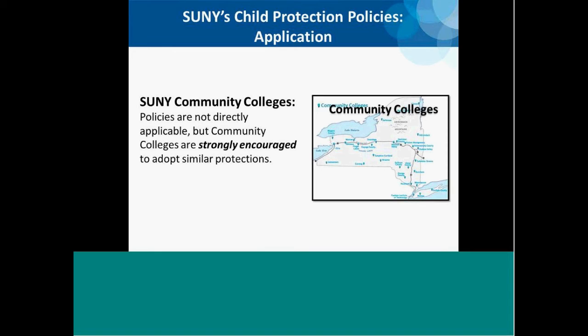However, the Board of Trustees' resolutions adopting the policies strongly encouraged the community colleges to adopt similar protections and provisions and to incorporate them into their own local policies relating to minors. The Child Protection Policy resolution specifically requires the community colleges to report back to the Chancellor the actions they have taken.